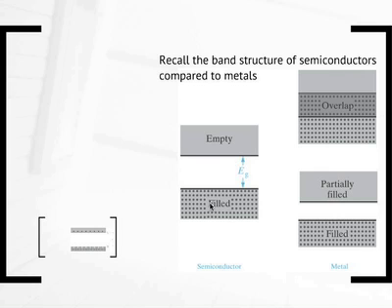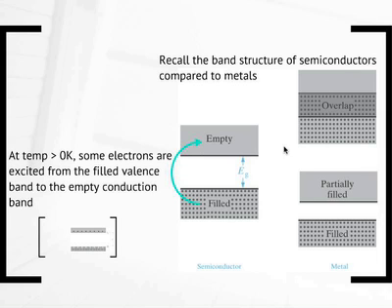Because the electrons here don't have any energy states to move into without extra energy. And up here, you have plenty of states, but there are no electrons to move. So basically, they're all held. Remember the other picture where all the electrons are essentially held in covalent bonds. They're just held together. Nothing happens to them. They're not freely floating around, compared to the metals, as we saw before.